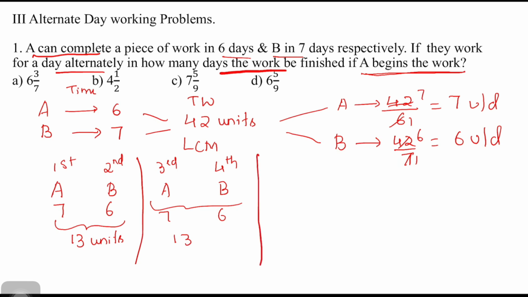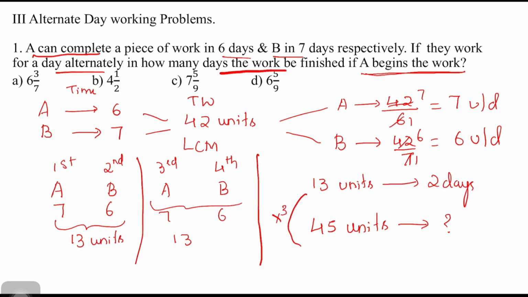So we know that it is 42 units in whole. If 13 units is completed in 2 days, then 42 units will be completed in how many days? 42 is not a multiple of 13, so we can take a near multiple. 13 into 3 is nearer, because 13 into 4 is 52, which will be more.